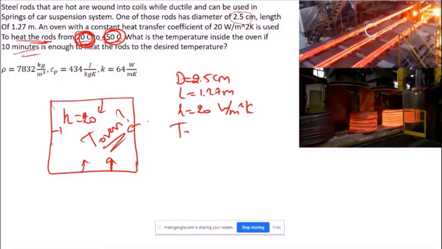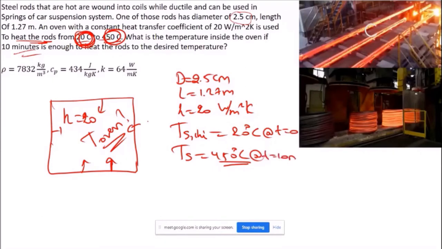So the initial temperature of the rod is 20 degrees Celsius at time 0, and it reaches 450 degrees Celsius at time 10 minutes. We need T infinity here because T infinity is required to heat these steel rods.